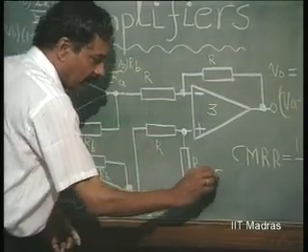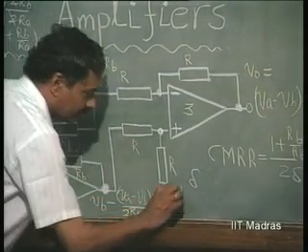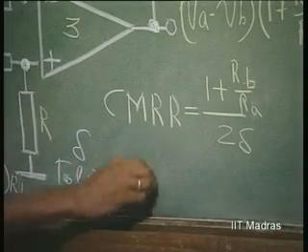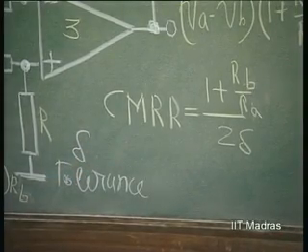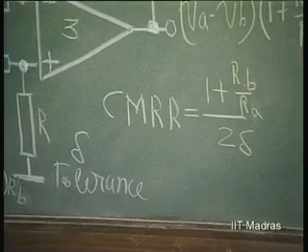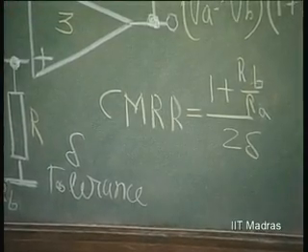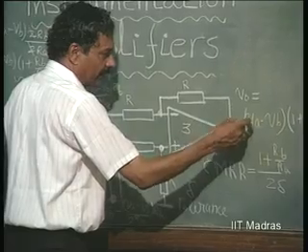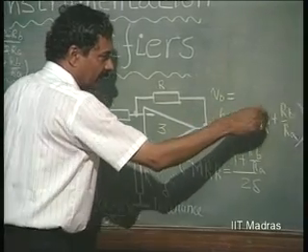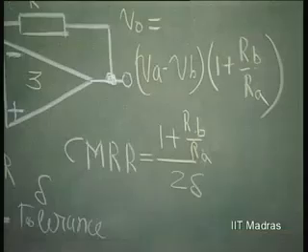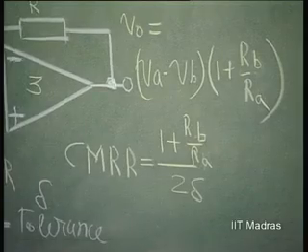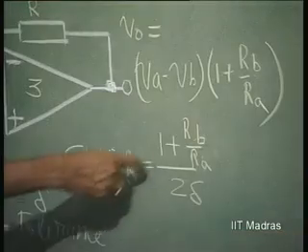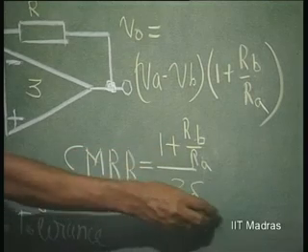So, if the tolerance is delta, then we know that the common mode gain from here to here is going to be 2 delta, and in effect the differential mode gain of the overall stage is VA minus VB into 1 plus RB by RA, and common mode gain is 2 delta, and therefore, common mode rejection ratio is 1 plus RB by RA divided by 2 delta.